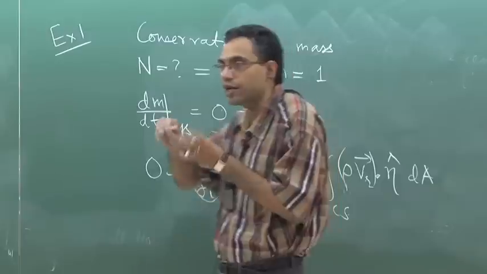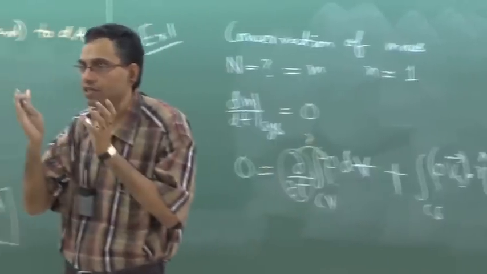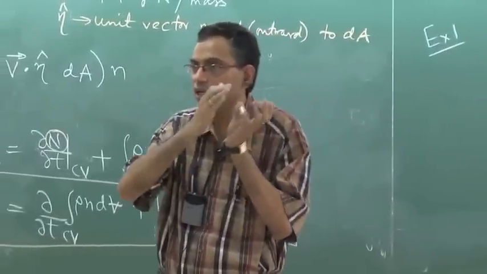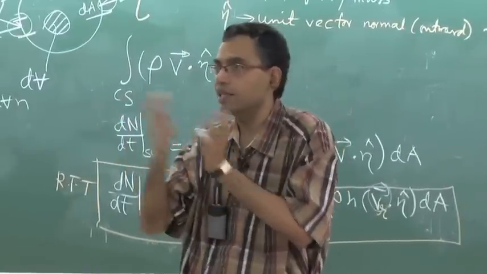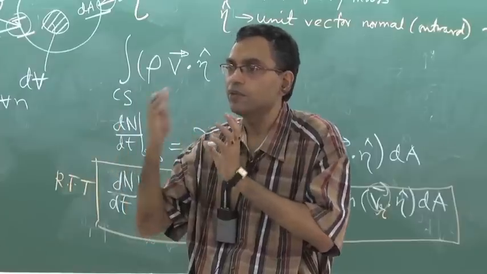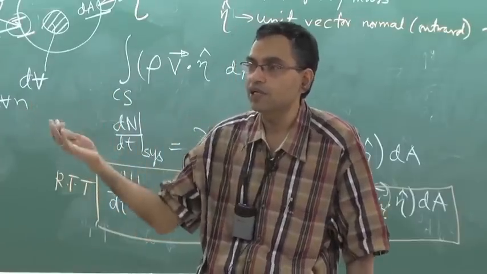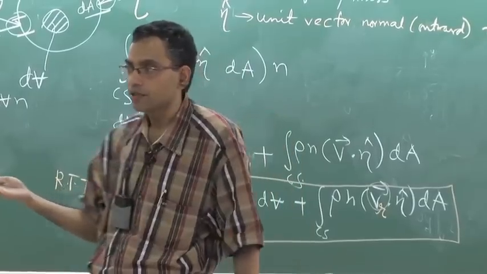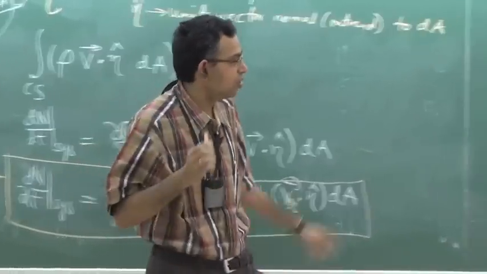Otherwise, you have to correct, because when you differentiate outside the integration and when you differentiate within the integration, they are not the same, and they have to be corrected by an additional term which is given by the Leibniz rule of differentiation under integral sign. So it is not that we can do it always.